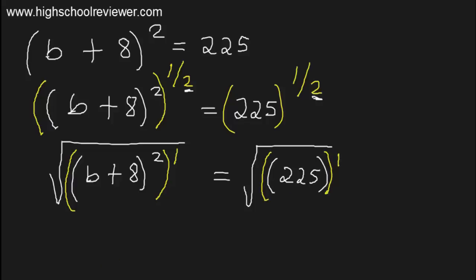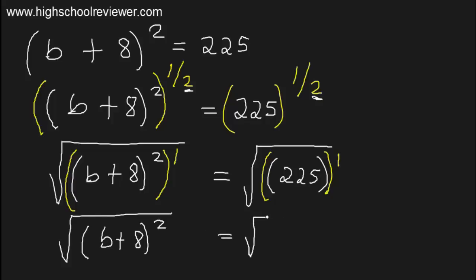Now, since this is 2 multiplied by 1, that would still be 2. So this will be the square root of the quantity of b plus 8 raised to 2. And this will also be the square root of 225.